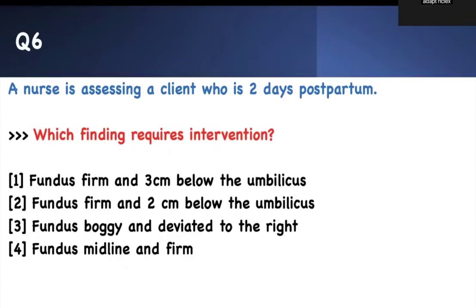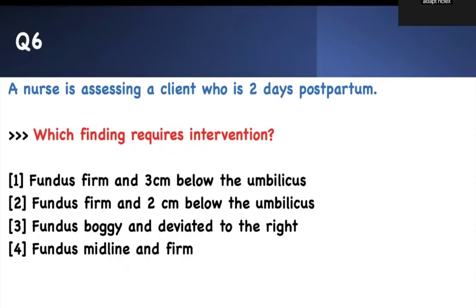You know the content. Postpartum, the fundus is supposed to go down. So long as it's below the umbilicus, I'm good. It should be firm. So long as it's firm, I'm good. That's all. Therefore, 1 said firm below the umbilicus, even though 3 centimeters usually is supposed to be 2 centimeters, but it has gone down more.